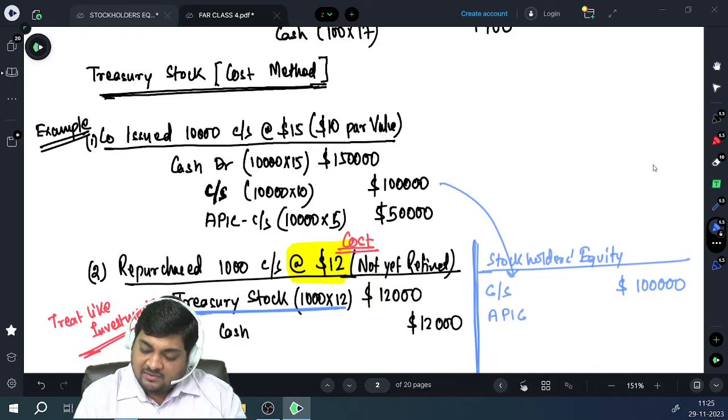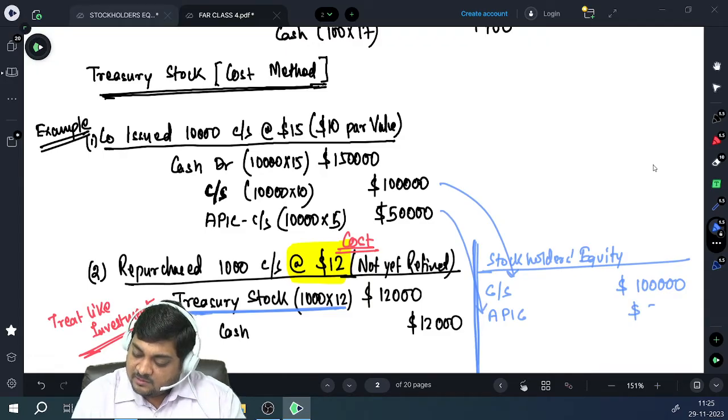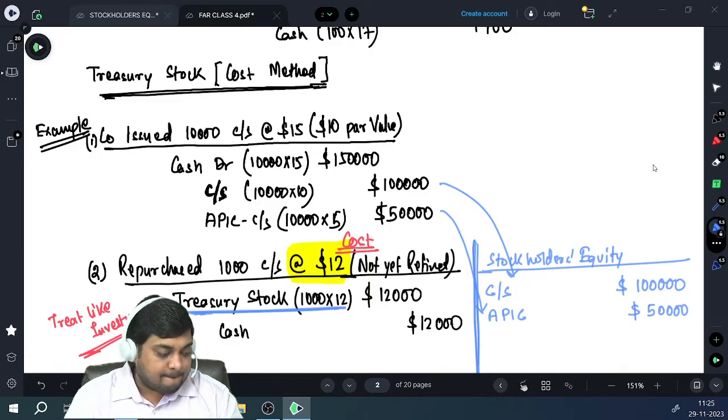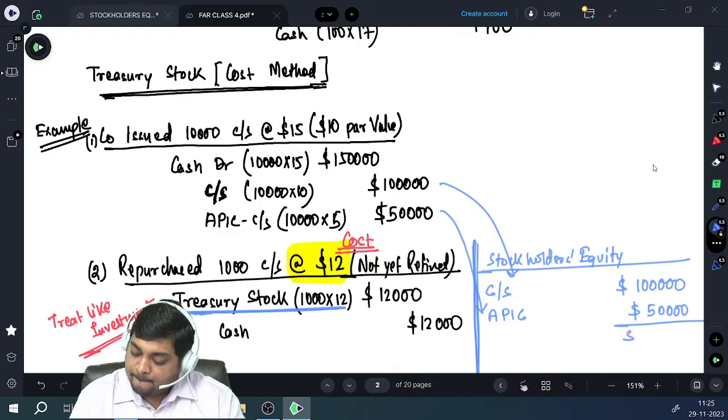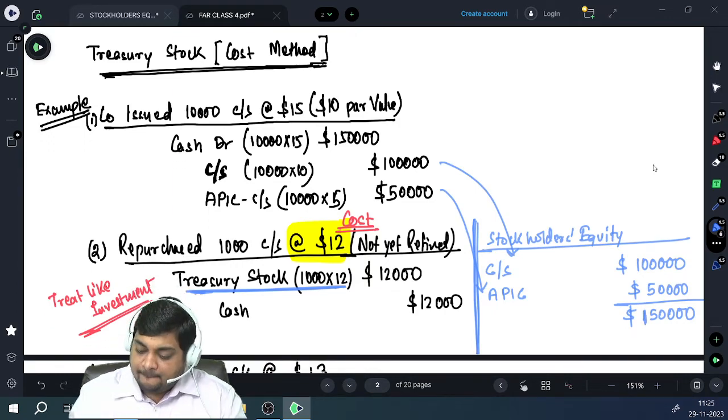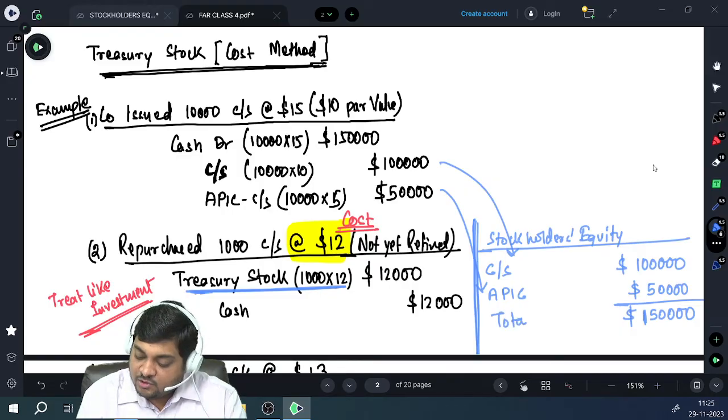Additional paid in capital will be $50. Total is 1,50,000. This is total paid up capital.